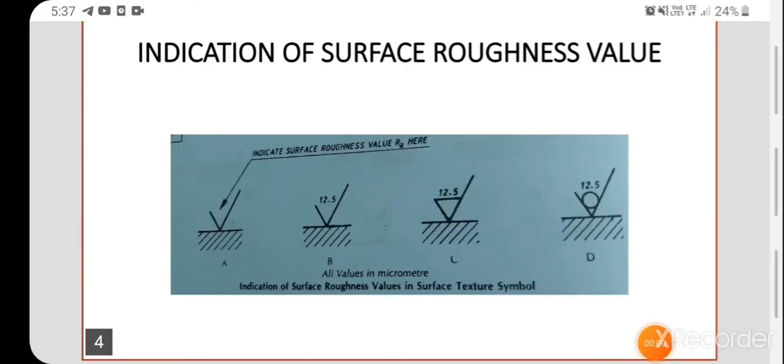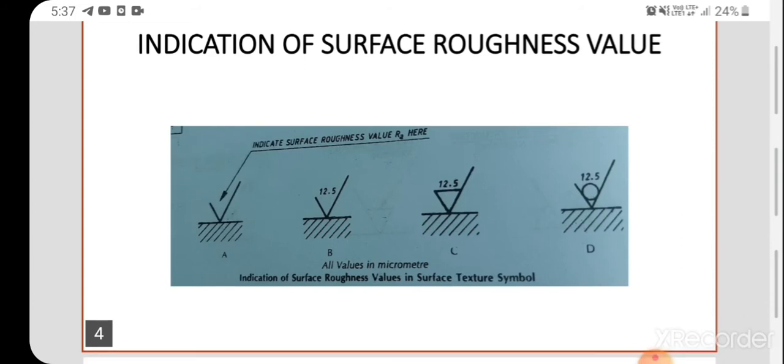Next is the indication of surface roughness value in surface texture symbols. The value of surface roughness, which is the arithmetic mean deviation from the mean line of the profile, is abbreviated as Ra and is expressed in micrometers. In all these symbols, 12.5 micrometer is taken as the surface roughness value.